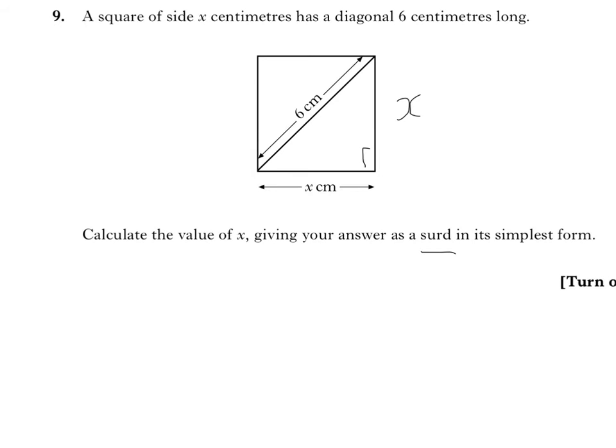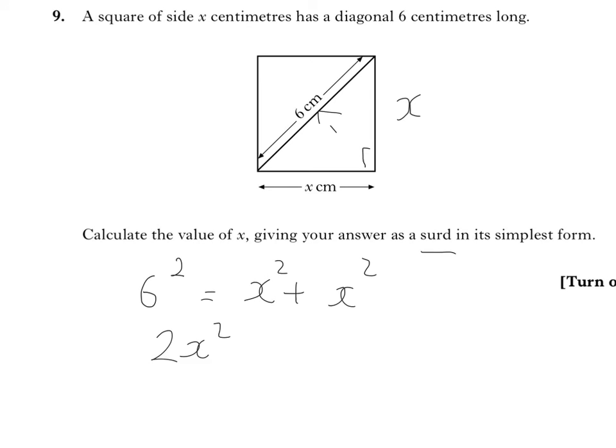Now, by involving a wee bit of Pythagoras, and remember for Pythagoras, the square of the hypotenuse is equal to the sum of the squares of the other two sides.